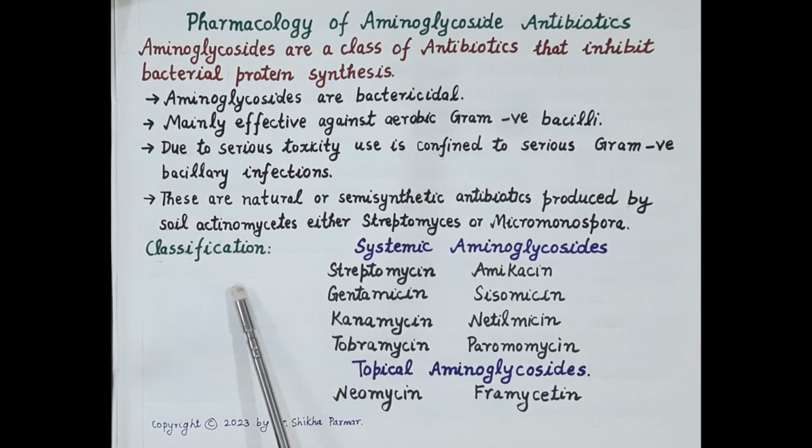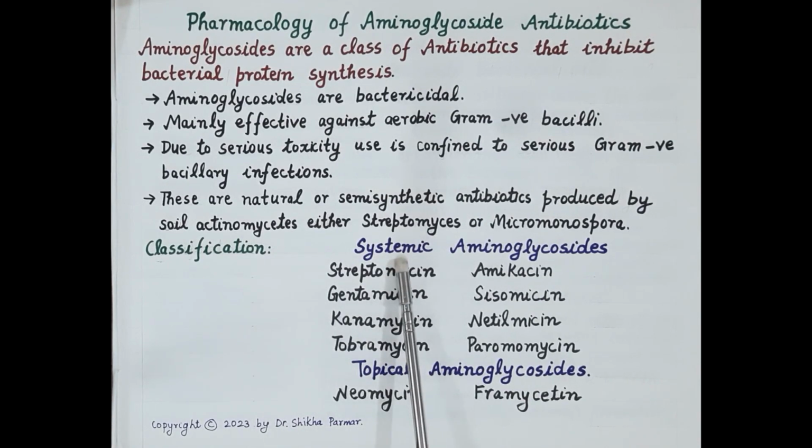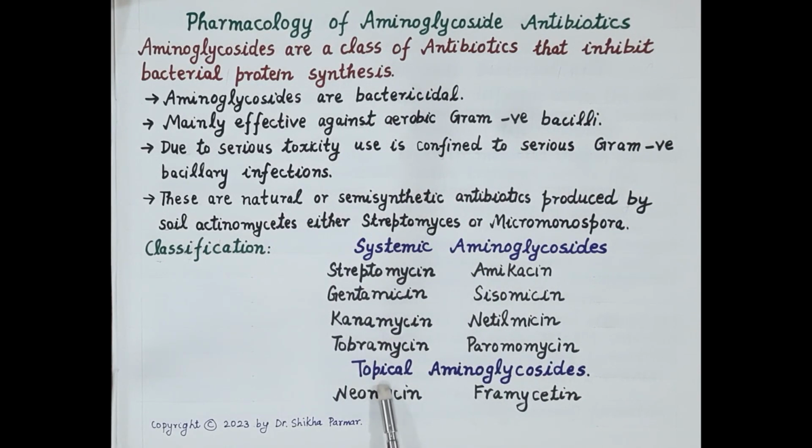Now, let's see the classification of aminoglycosides. Aminoglycosides are not absorbed when given orally, so they are administered parenterally. So, aminoglycosides are classified as systemically administered aminoglycosides, given parenterally, and topically used aminoglycosides.